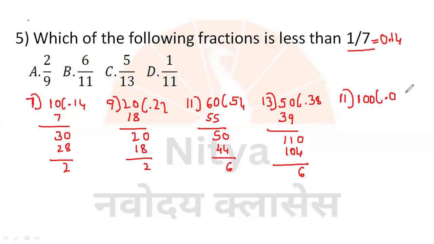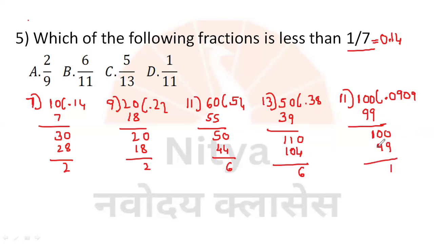Now we have to divide. So 11 9s are 99. 100 minus 99 is 1. Again you have to take a 0, and 11 9s are 99. So 100 minus 99 is 1.